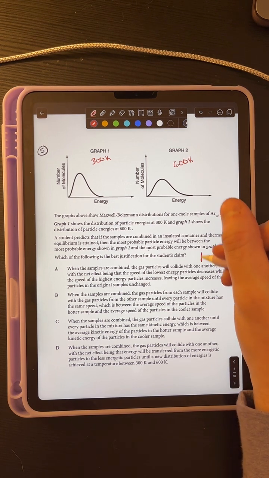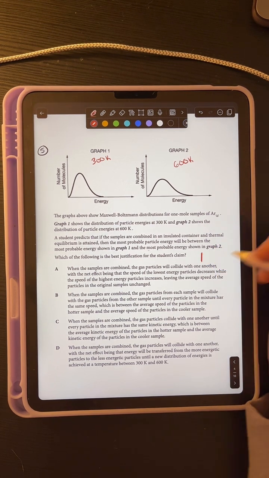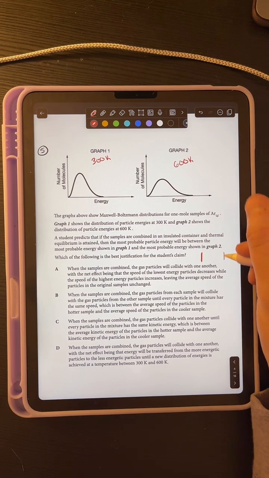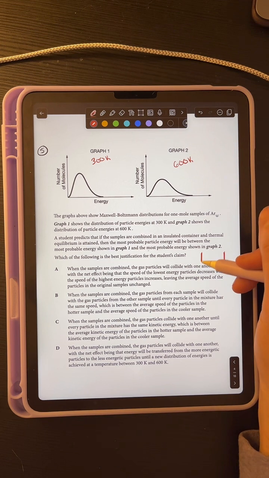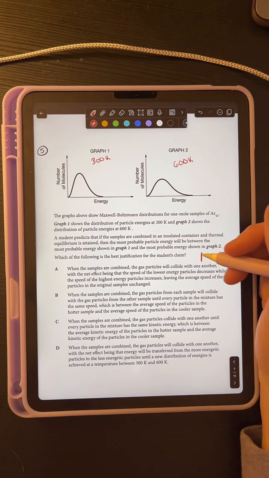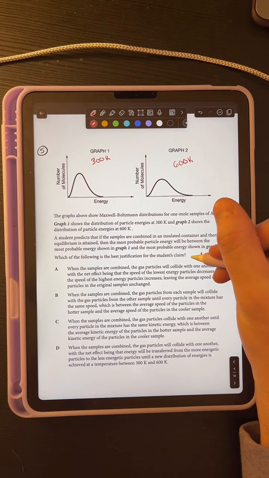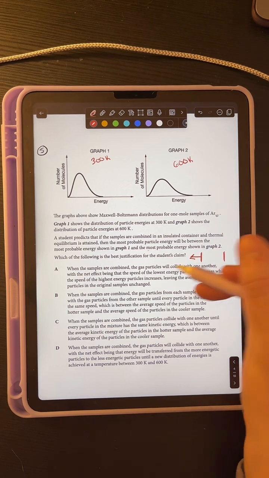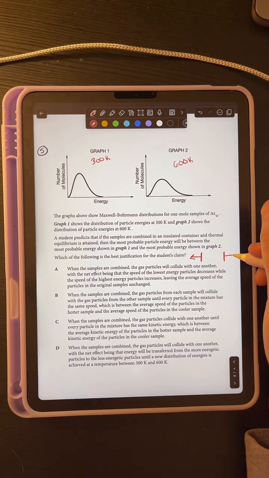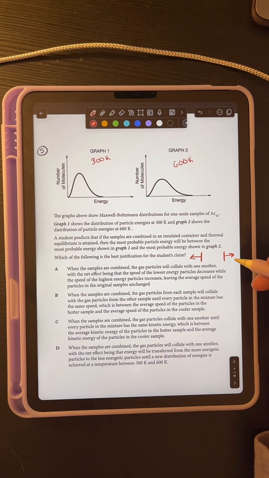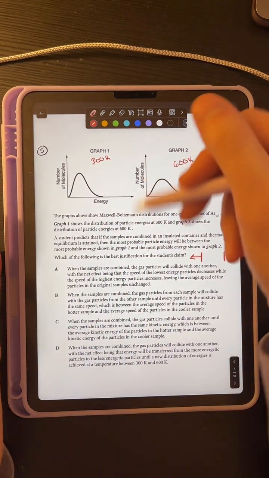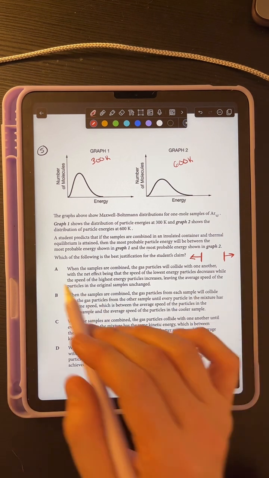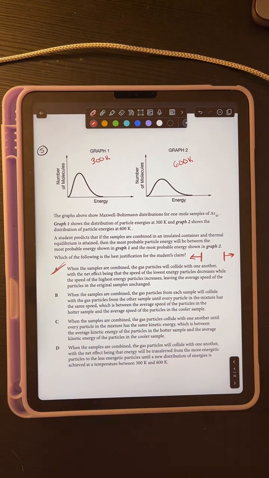If we had a peak right here for the lower energy, and then a peak up here for the higher energy, what that's saying is our lower energy ones, those lower speed ones, will slow down, so they move that way. And then the other ones will move at a higher speed. And so it's moving them away instead of being somewhere in between. So that one is just not right at all.